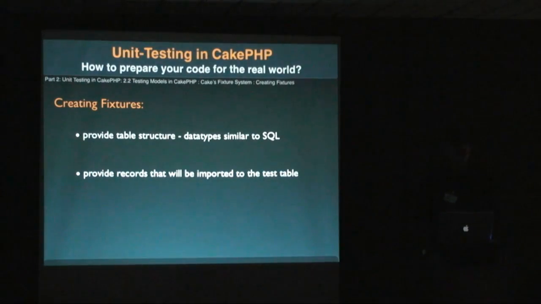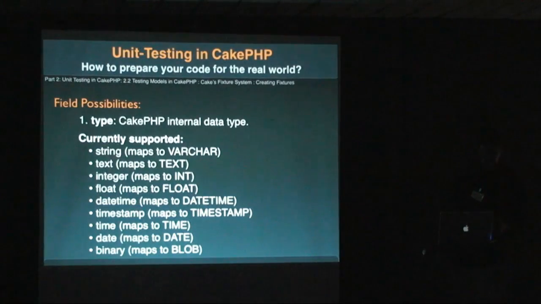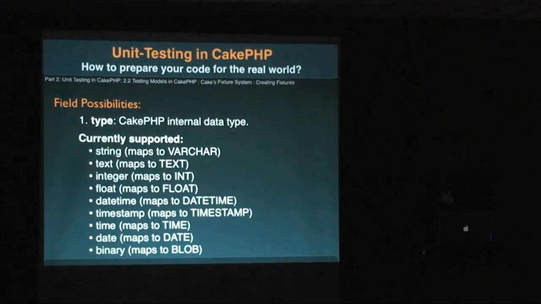So creating fixtures is pretty easy. You just define the table structure and provide some records that are going to be imported. Creating the table structure is some kind of mapping to the SQL equivalents. So you can specify string or text, and it's going to map to the corresponding data type in SQL.